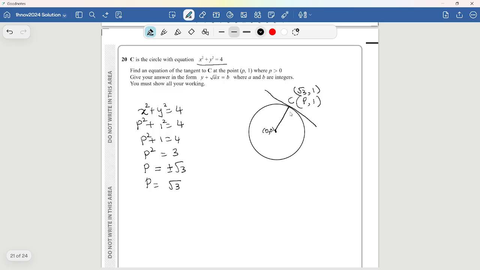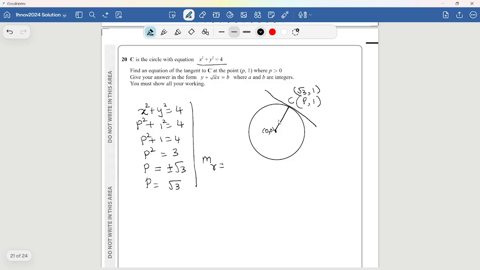Now we have these two coordinates for a line. If I assume the radius as a line, one of the coordinates is 0, 0 and the other one is root 3, 1. So can I find the slope or the gradient of this radius? I can find it using the formula rise over run.